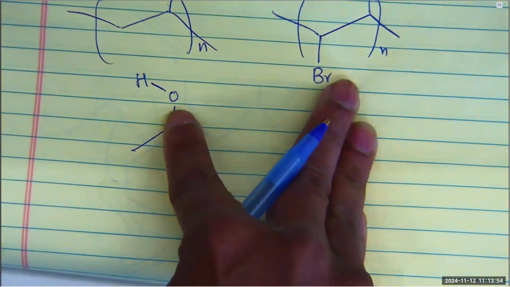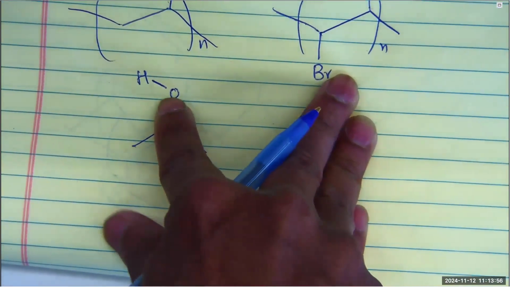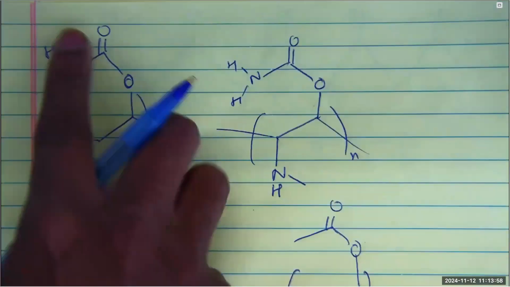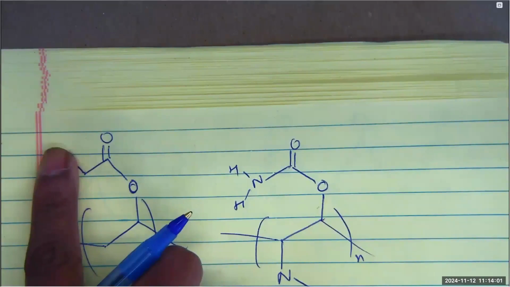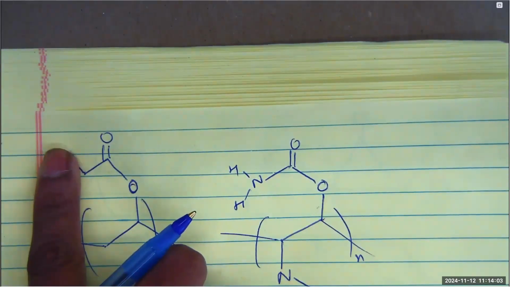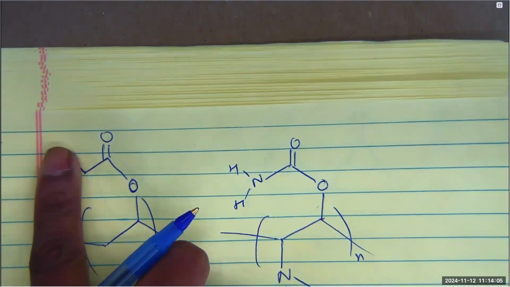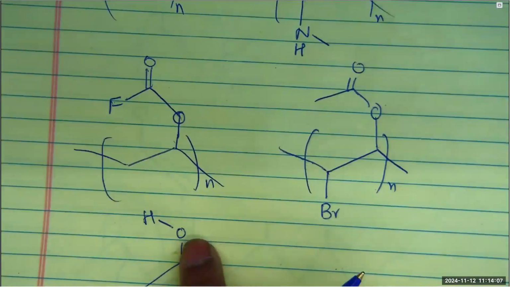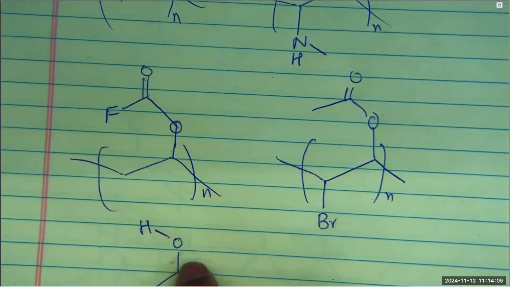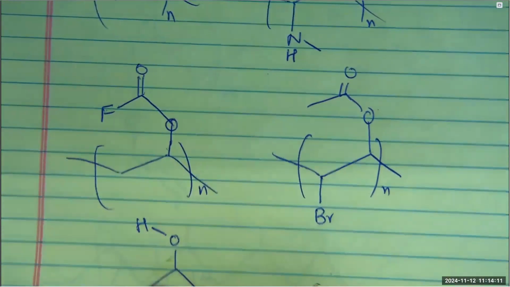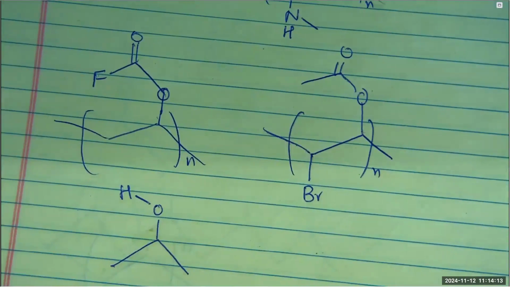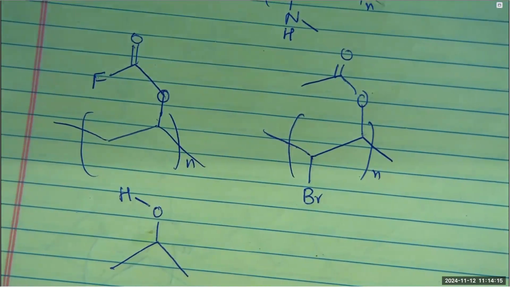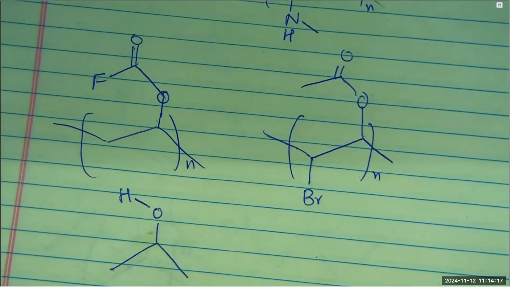We introduced more hydrogen bonding sites. Initially, our molecule did not have hydrogen bonding sites because we did not have hydrogen covalently bonded to nitrogen, oxygen, or fluorine. By removing a double bond and making it an OH like this, you introduce more hydrogen bonding sites. Therefore, you can expect this to have stronger intermolecular forces.